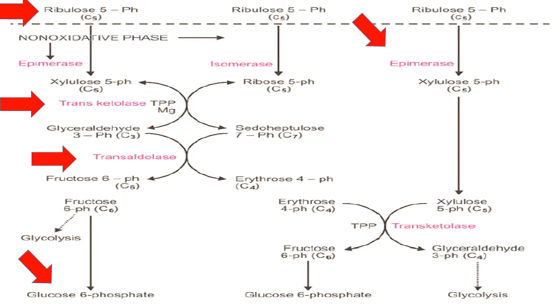Now look at the right side of the reactions. Ribulose 5 phosphate is converted into xylulose 5 phosphate by epimerase, and this xylulose 5 phosphate is then converted into glyceraldehyde 3 phosphate by transketolase activity, and this 3-carbon glyceraldehyde is then utilized through glycolysis.